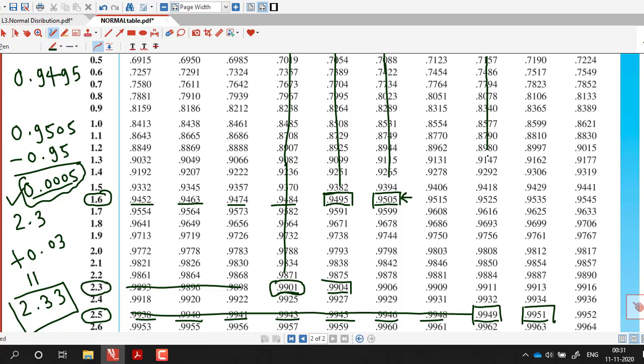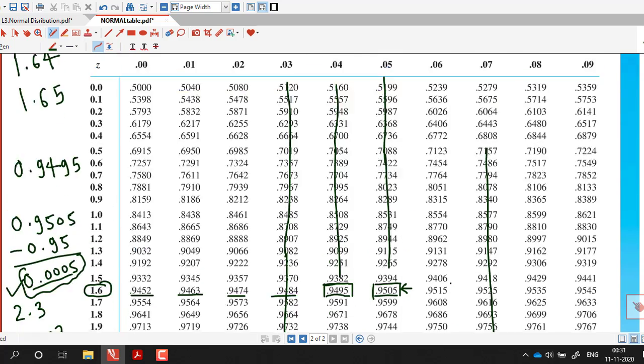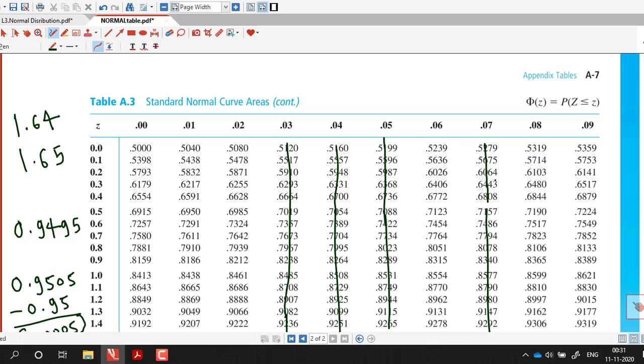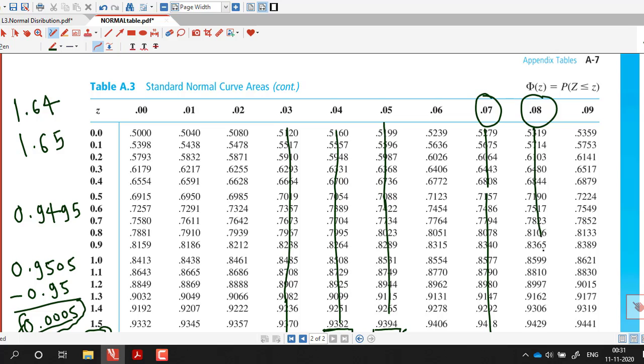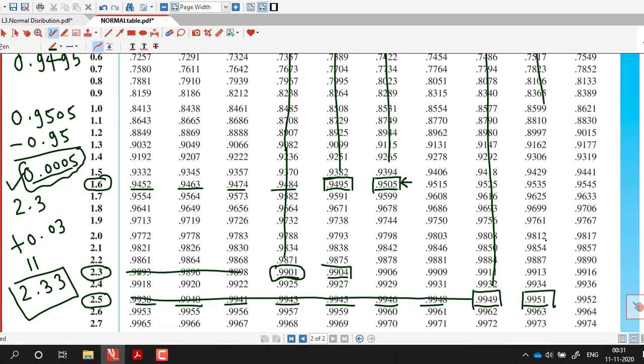This column corresponds to 0.07. So 0.07 plus 2.5 is 2.57. And another column is 0.08. So 2.5 plus 0.07 and 2.5 plus 0.08. Both the entries correspond to these two entries, 2.5 plus 0.07, that is 2.57 and 2.58.